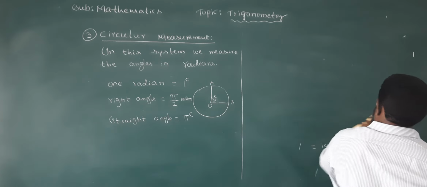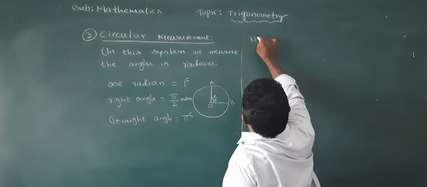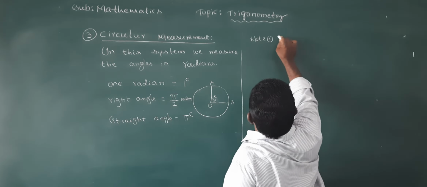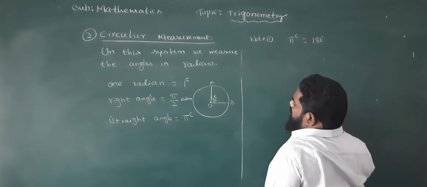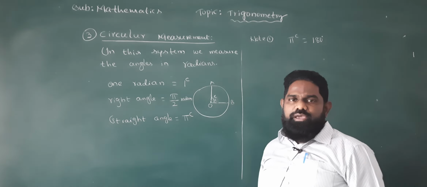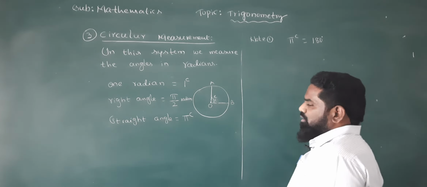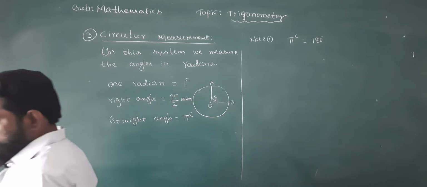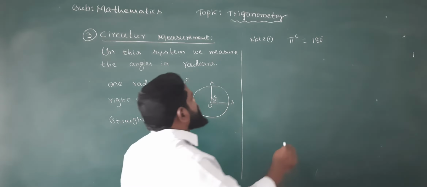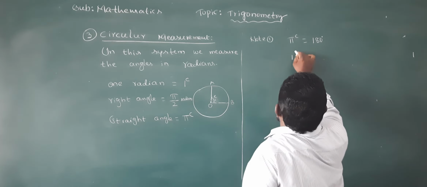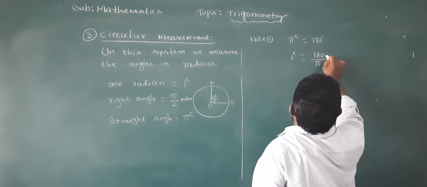One more note. Note number 1: pi radians equal 180 degrees. Understand? We have to take it like this. This gives 1 radian equals 180 by pi degrees.